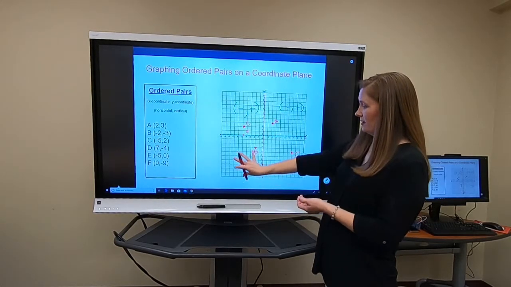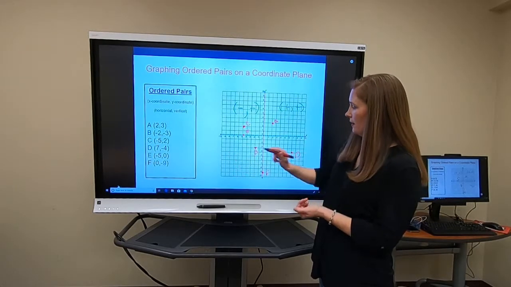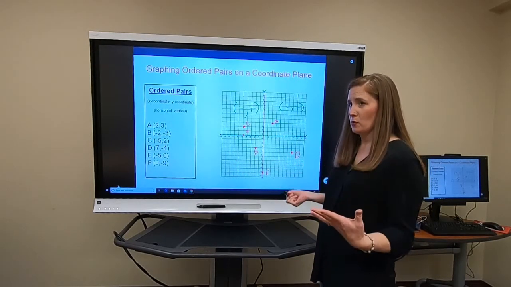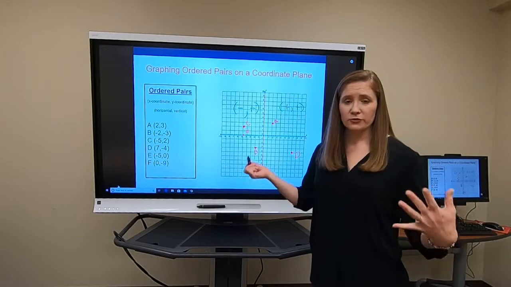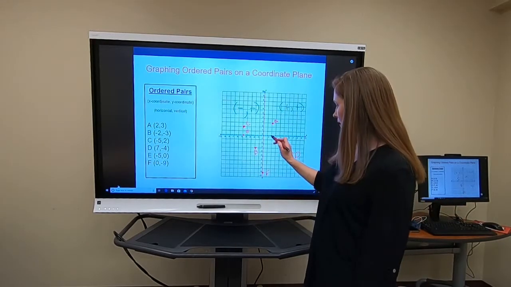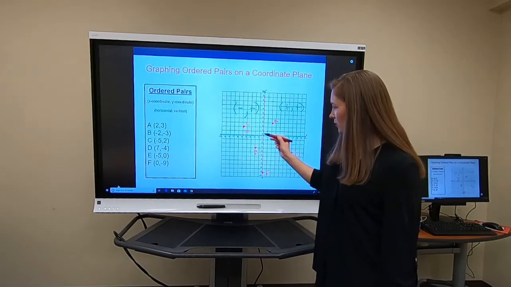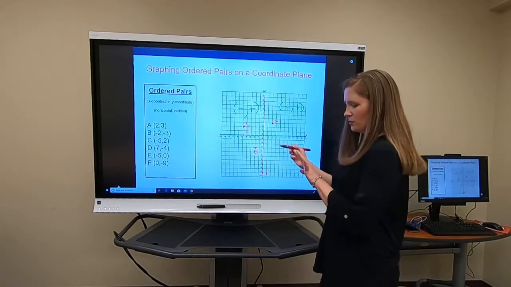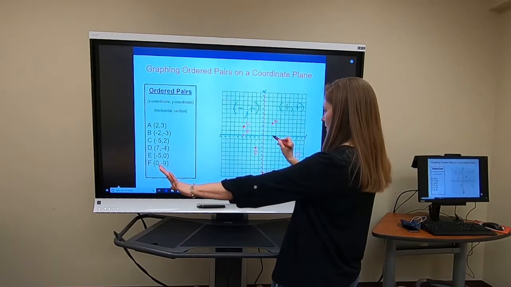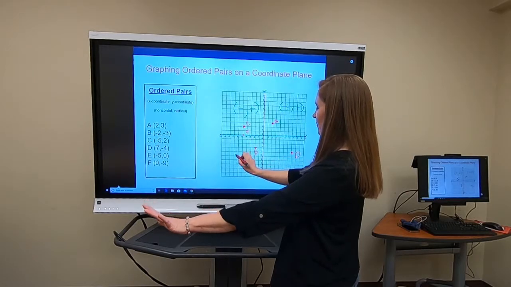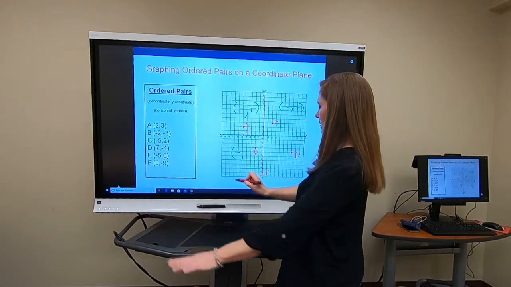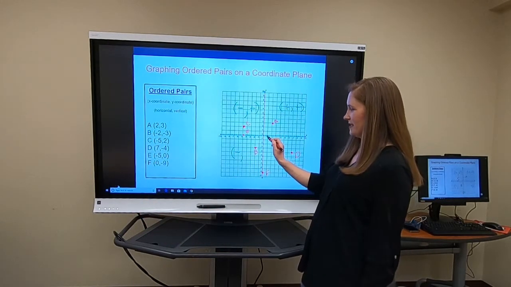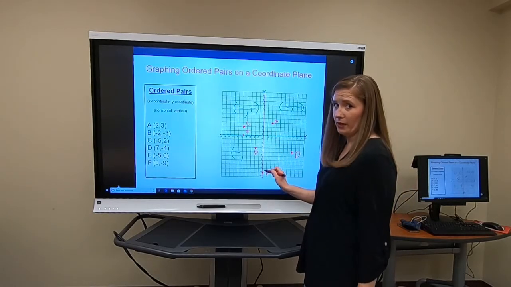Then let's think about quadrant 3. What do I have to do if I'm a point and I want to end up in quadrant 3? Well, I have to go this direction. I have to move to the left horizontally, so I have to be a negative number. And I have to go down vertically, so I have to be what?